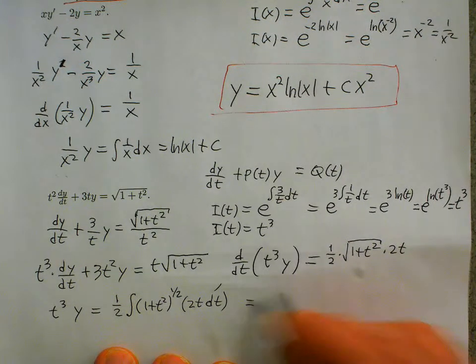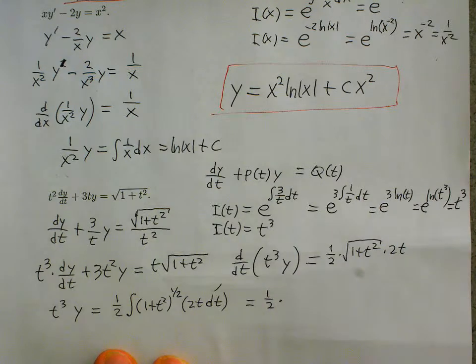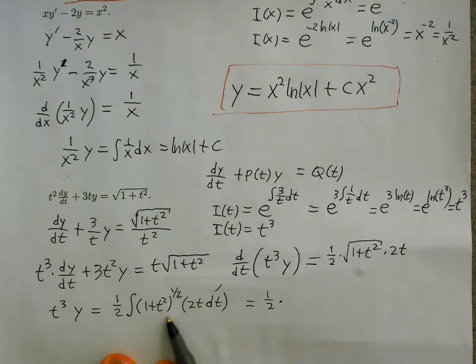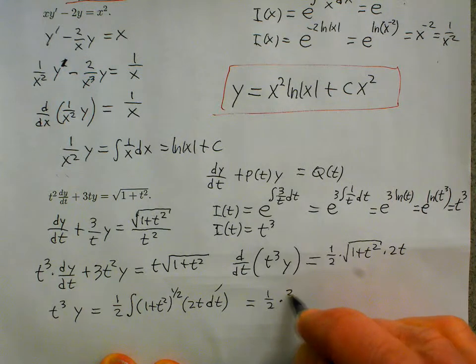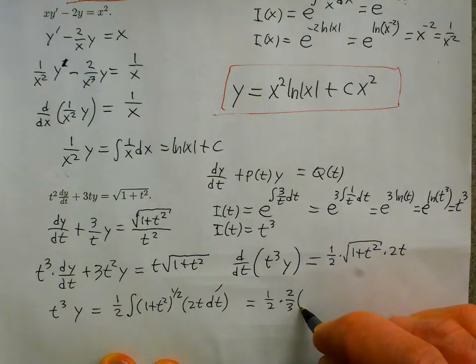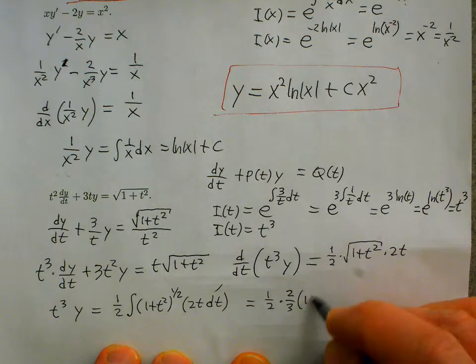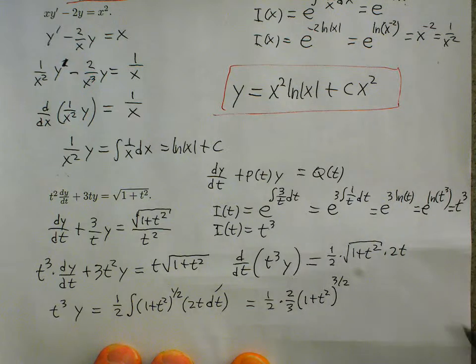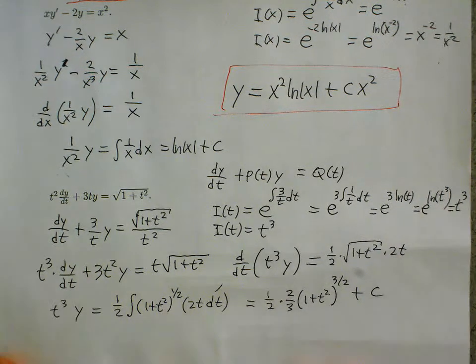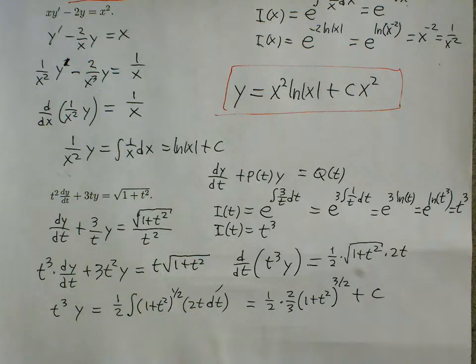So the right-hand side will become 1/2 times an antiderivative of 1 plus t to the second to the 1/2 times 2t, which is 1 plus t to the second to the 3/2 divided by 3/2. Dividing by 3/2 is equivalent to multiplying by 2/3. So we get 1/2 times 2/3 times 1 plus t to the second to the 3/2 plus a constant. Just make sense so far?